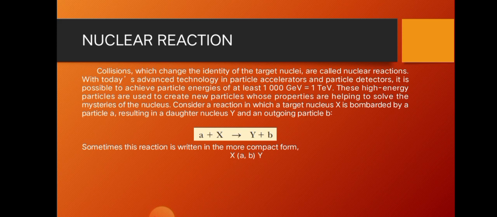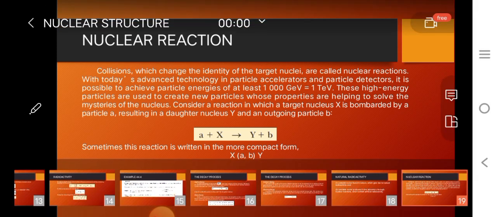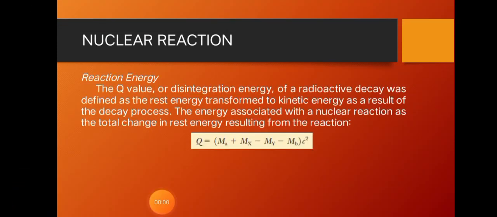Consider a reaction in which a target nucleus X is bombarded by a particle A, resulting in a daughter nucleus Y and an outgoing particle B, where A plus X goes to Y plus B. Sometimes this reaction is written in the more compact form X(A,B)Y. The Q value for this reaction is 17.3 MeV.